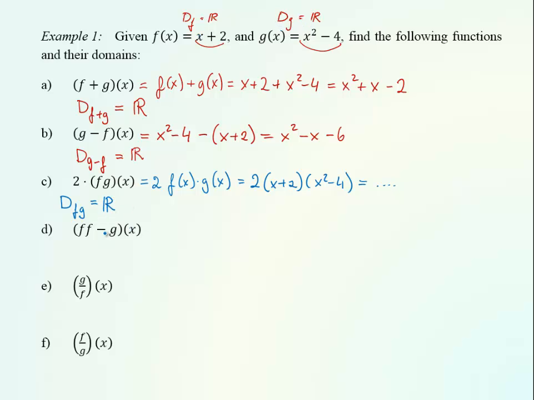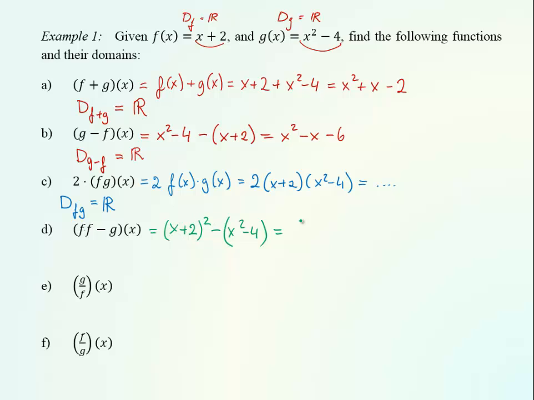The following example calls for a new function, which is a combination of a product and a difference. So we multiply two f's. F of x is x plus 2 times another f of x plus 2, so that means that we need to square it, and then subtract g of x, which is x squared minus 4, but it has to be in a bracket.